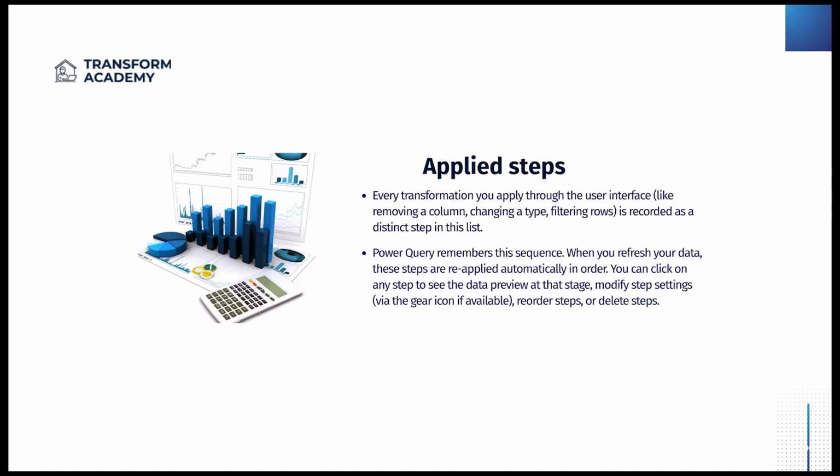When you refresh your data, these steps are reapplied automatically in order. You can click on any step to see the data preview at that stage, modify step settings via the gear icon if available, and reorder or delete steps. This provides a powerful way to track, audit, and modify your data transformation process.